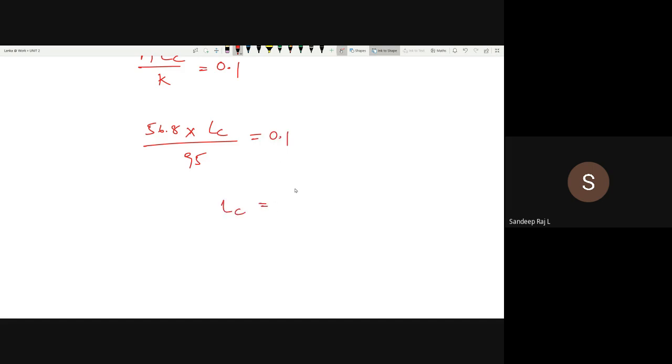Tell me what the LC value is now. It is 0.1672 meters. If your LC crosses beyond this value, you cannot consider it a lumped system.